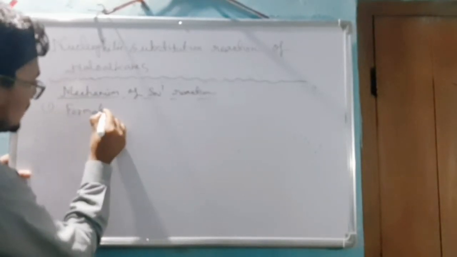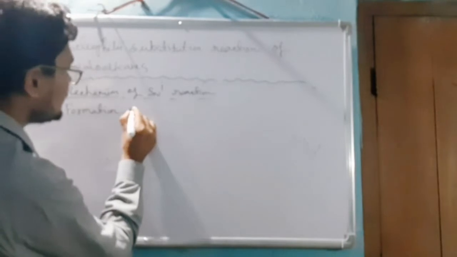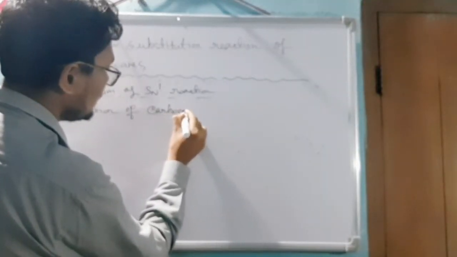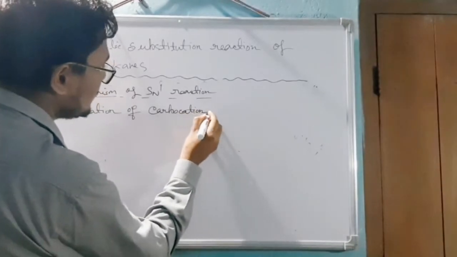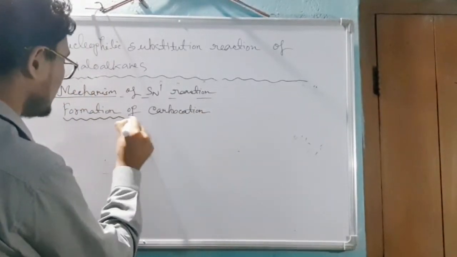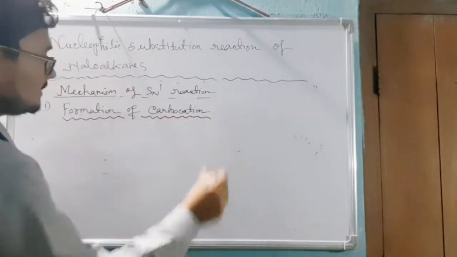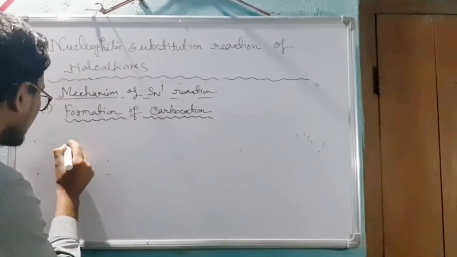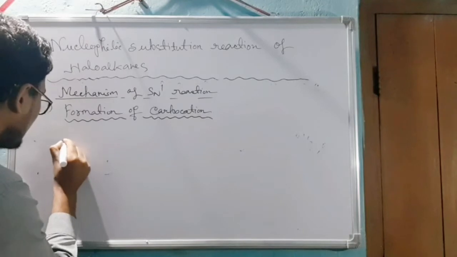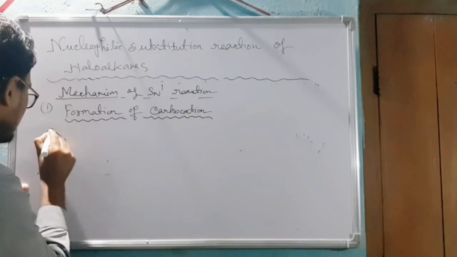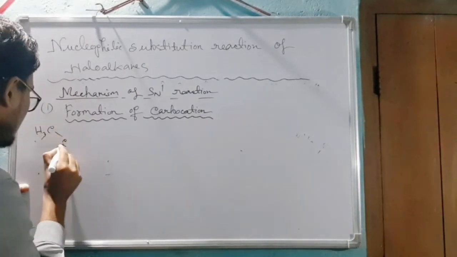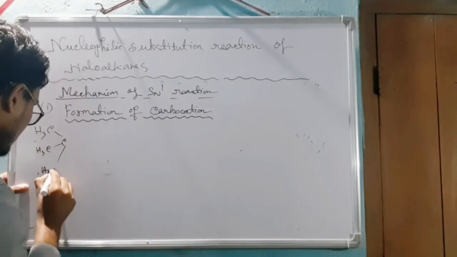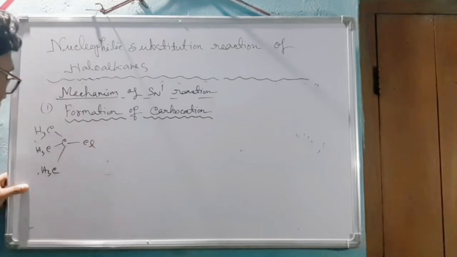Number 1, formation of carbocation. Let's see. CH3, Cl.